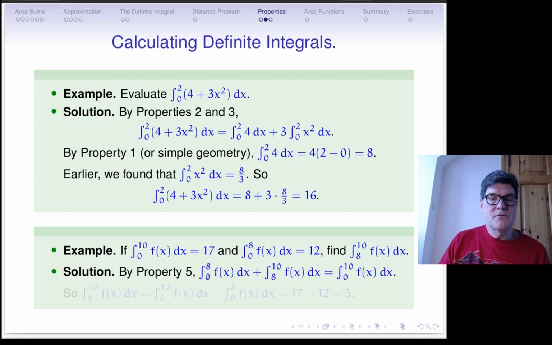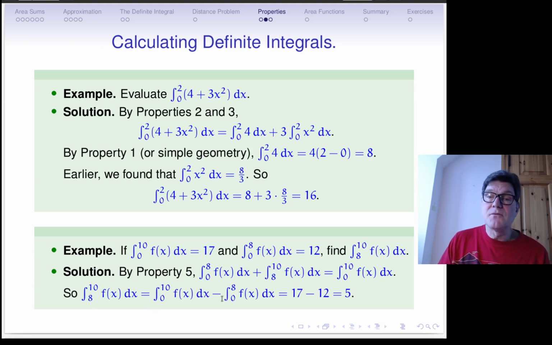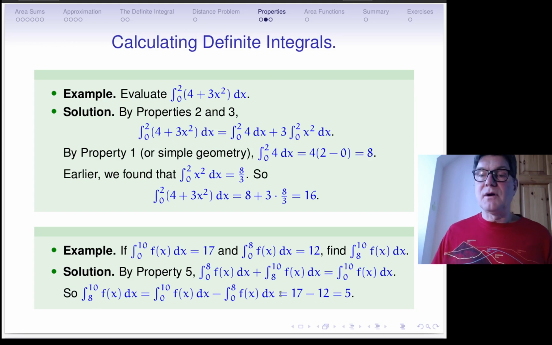It says the integral from 0 to 8 plus the integral from 8 to 10 equals the integral from 0 to 10, always for the same function f of x. So solving this equation for the integral from 8 to 10, we get that this integral is the integral from 0 to 10 minus the integral from 0 to 8, which is 17 minus 12. And that's 5, of course.